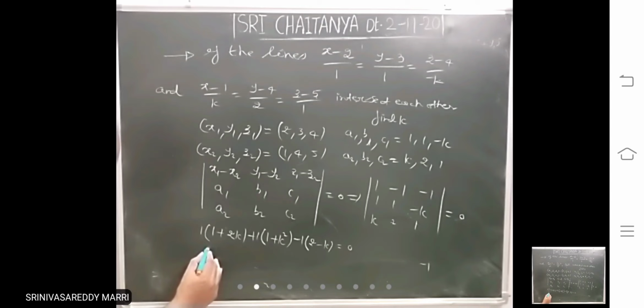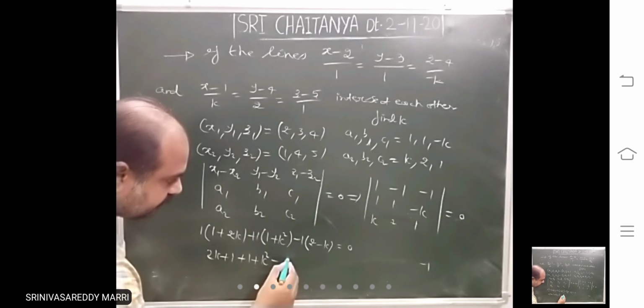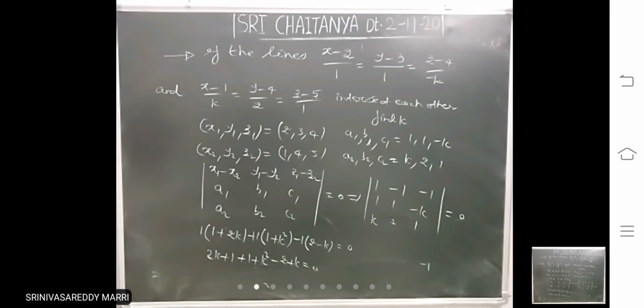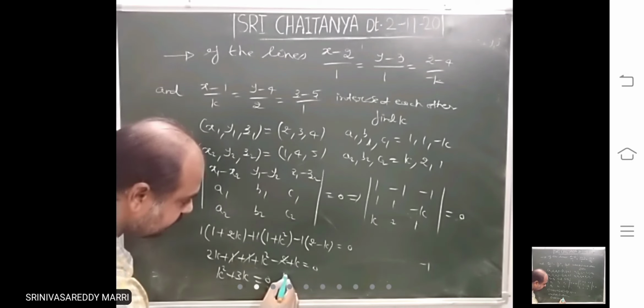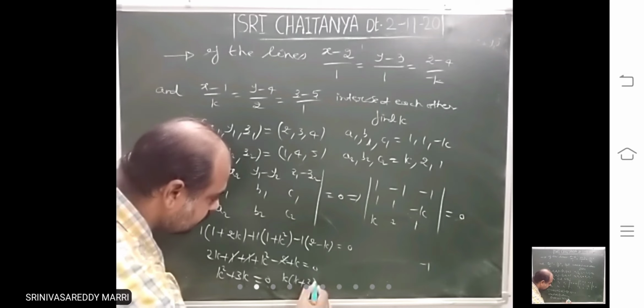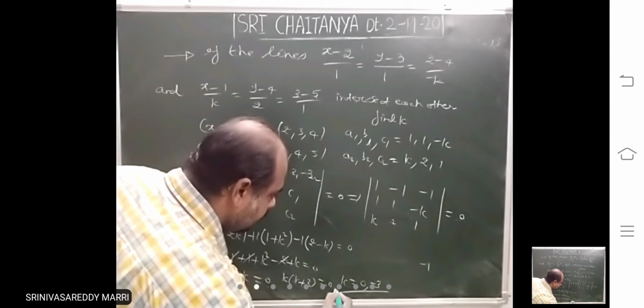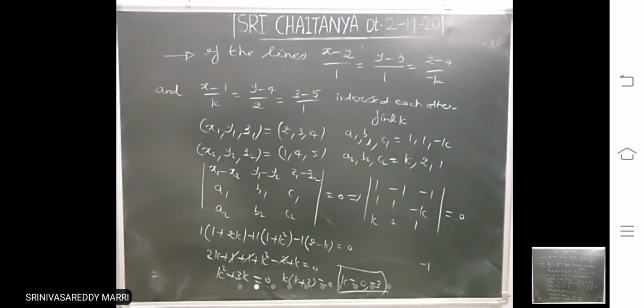That means 2k plus 1 plus 1 plus k square minus 2 plus k equals 0. The 1, 1, 2 cancel, so you get k square plus 3k equals 0. K equals 0 or minus 3. That is the answer. Simple.